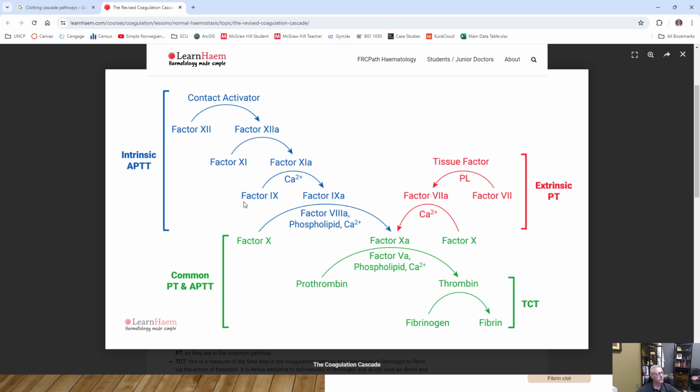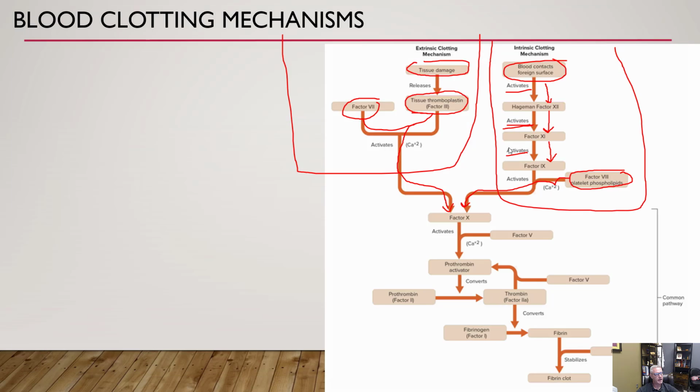So when we look at factor 9, it gets converted into factor 9A in the presence of factor 11A and calcium. I like this one a little bit better because it tells me exactly which factors are the actual activators, because I like to know what the activators are.